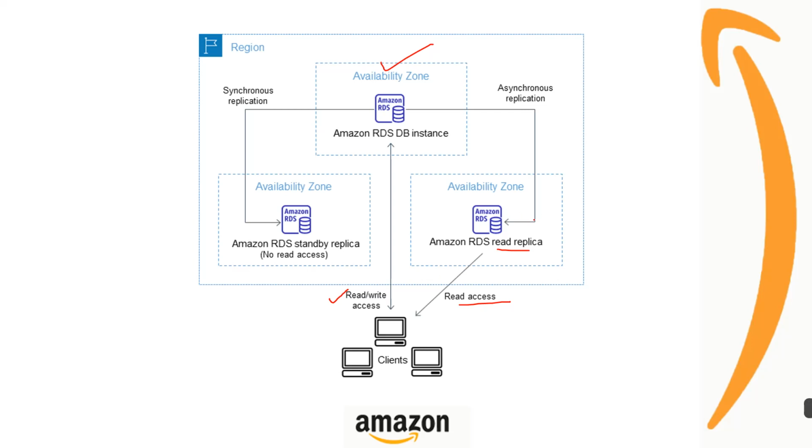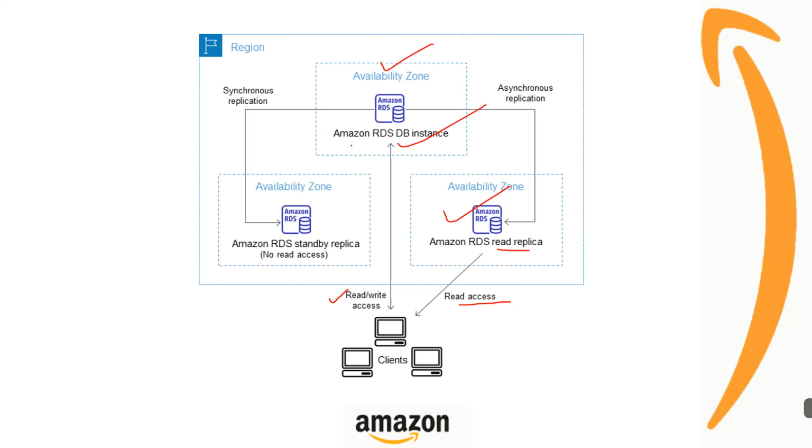So when the client only reads the data, the read replica will work at that time. And when we go to the payment option, which means write access, then the main database works at that time, right?